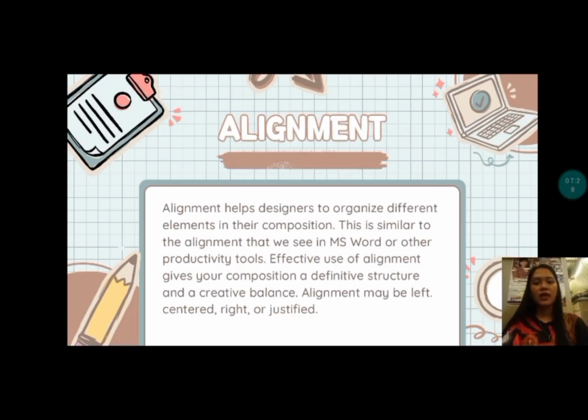Alignment helps organize the different elements in a design, such as text, pictures, and shapes. It makes the composition look neat, balanced, and easy to understand. Proper alignment gives the design a clear structure and makes it look more professional.